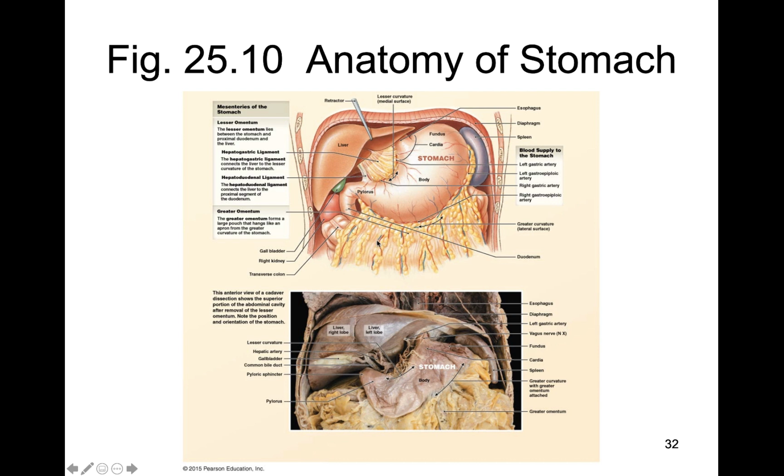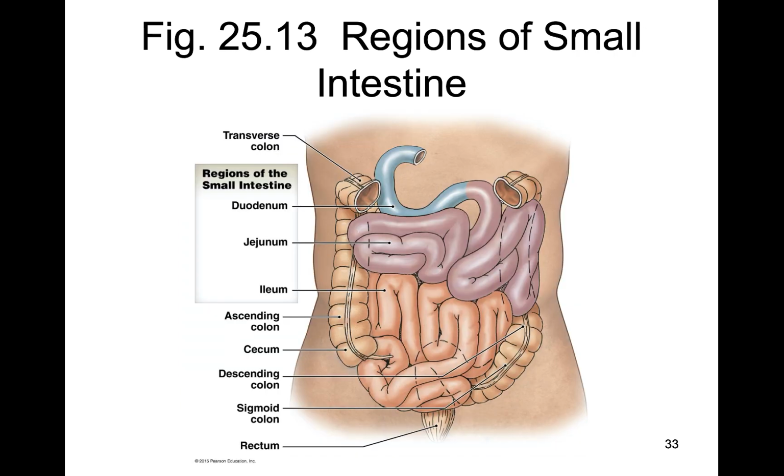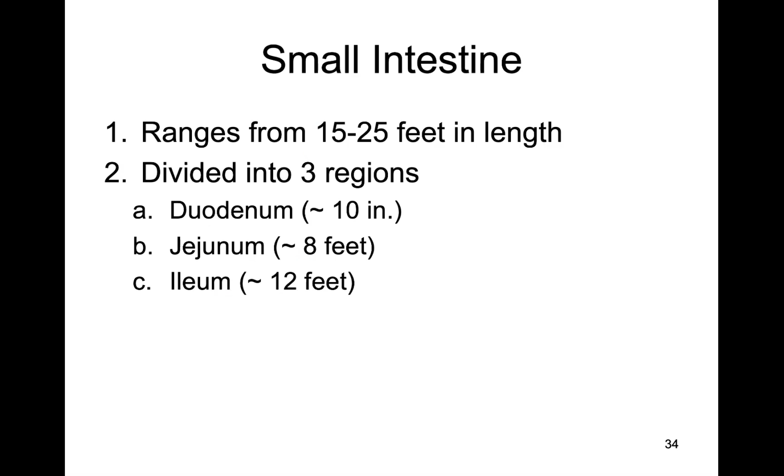When you cut into the abdominal cavity, you cut through this omentum, and then you get to the mesenteries where you have your arteries and the veins that are connected to your intestines, and they absorb the water and the nutrients and the chemicals there. The diameter of the small intestine is smaller compared to the large intestine, so that's why it's called small intestine. It's much longer in length compared to the large intestine. It has 3 parts: duodenum, jejunum, and ileum. These are different lengths.